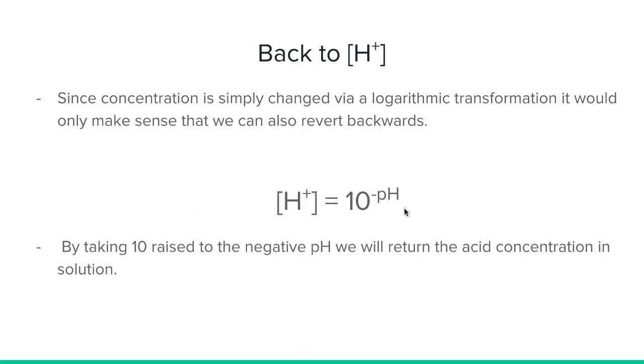Since the concentrations are originally transformed on this negative logarithmic scale, you can basically undo it by using the antilog, and the antilog for the log scale is 10 to the minus, and then you put the value there. So the value in this case would be the pH, and if we take 10 to the negative pH, that will return the H+ concentration that would be present in the solution.